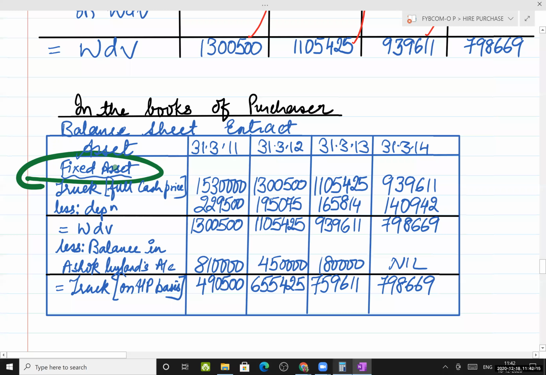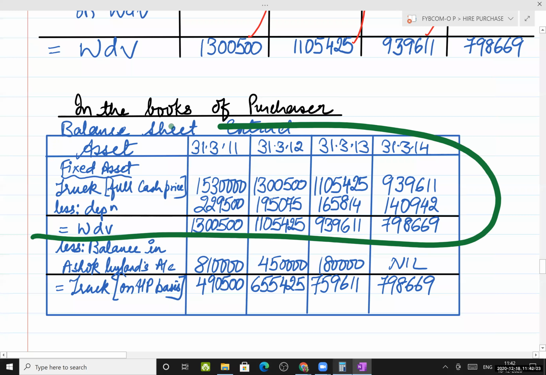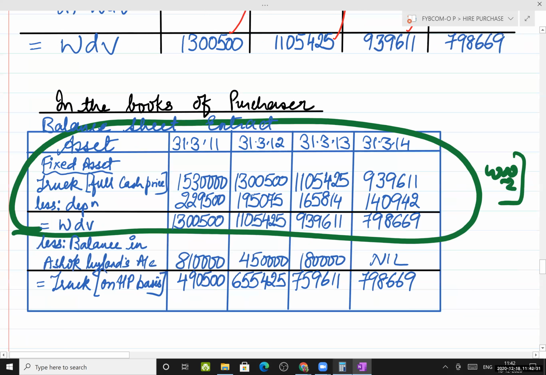Truck, full cash price, or you can write cost price also, plus WDV. So this whole step is from working note number 2. So just copy paste the same thing from your working note number 2.